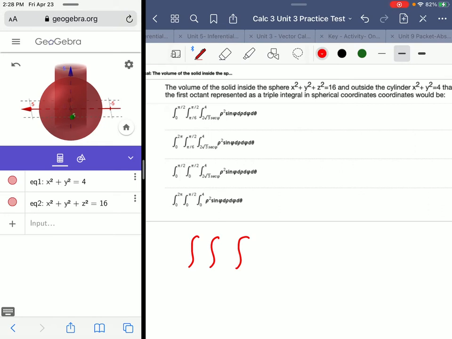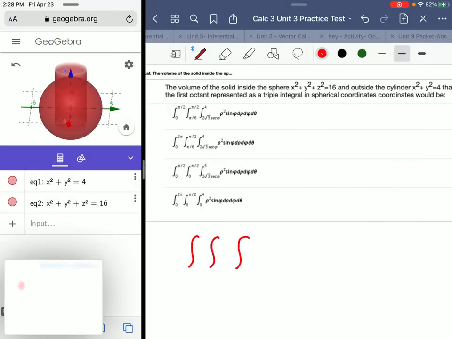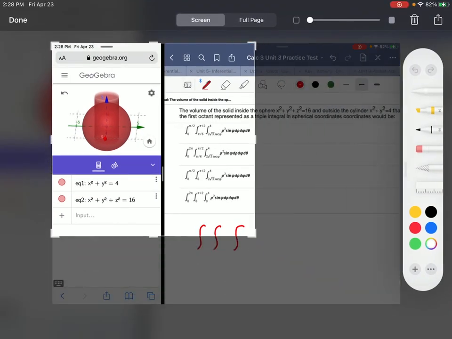Right, so to make this as complicated as possible, I'll just do a quick snip and bring it in so I can mark it up.